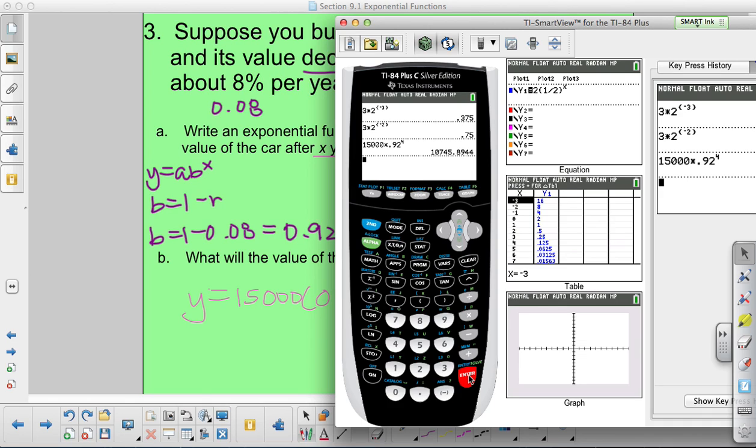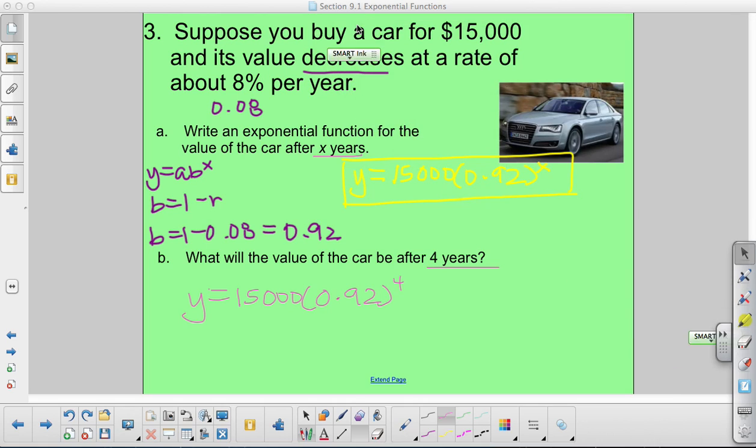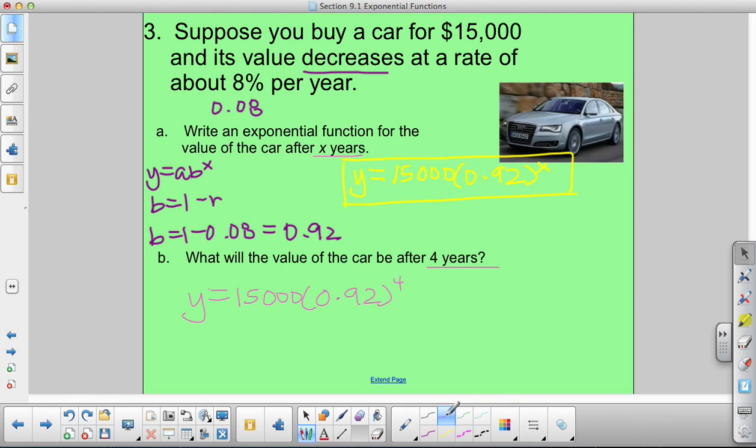So make sure when you do value, you always round to 2 decimal places. So this would be $10,745.89. That will be the value of the car after 4 years.